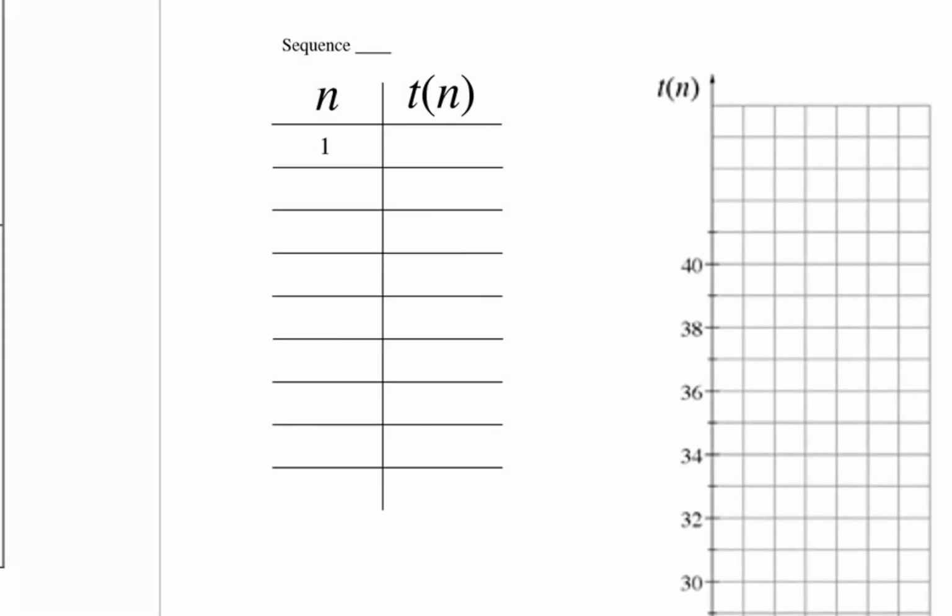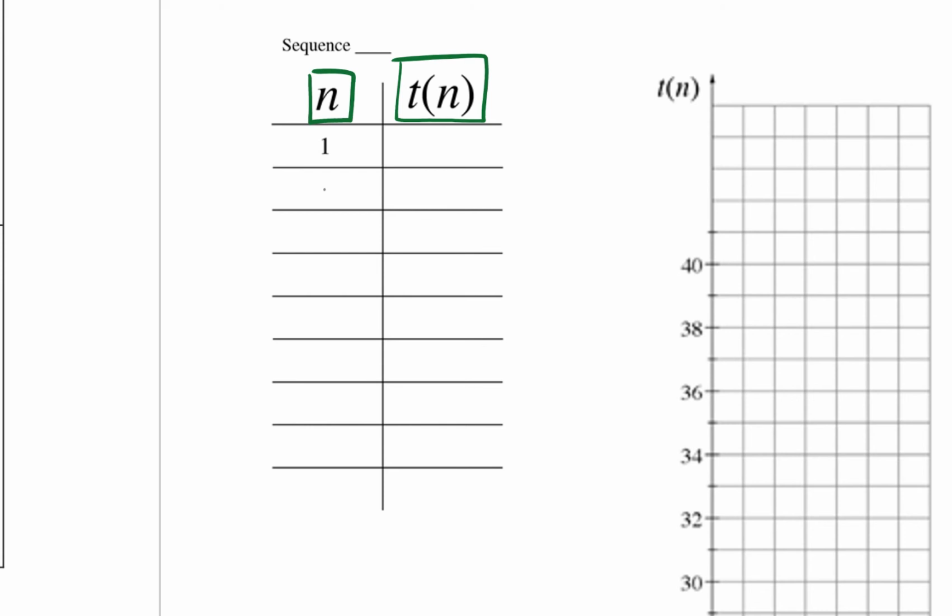And if I write this sequence down as a table of values, there's 2 things here. There's the term number, so n is the number of the term, and then t of n is the value of the sequence at that point. For this particular sequence, we're going to start at 1, and in fact, we can fill these in right away.